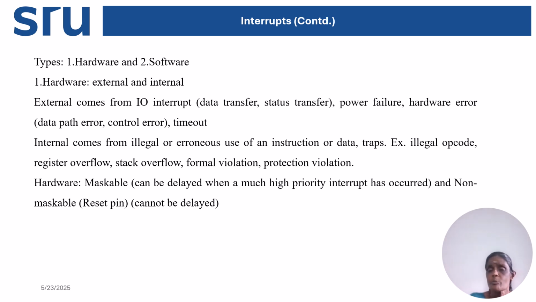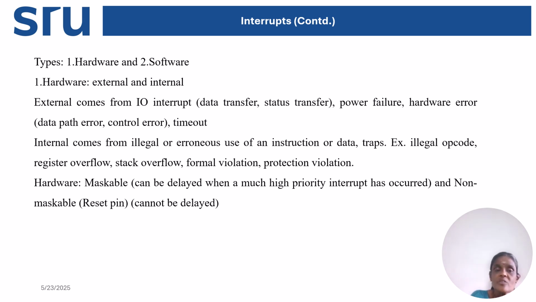The interrupt means stopping of the program, it is also known as an interrupt. Error is also an interrupt. So internal interrupt comes from the illegal or erroneous use of an instruction or data. Example, illegal opcode. If the opcode is incorrect, then automatically the function performed will become wrong.